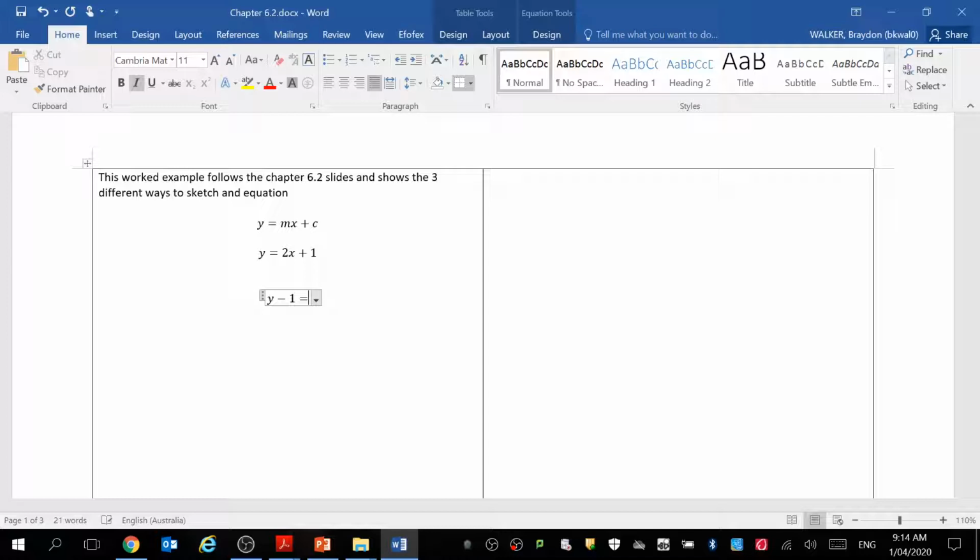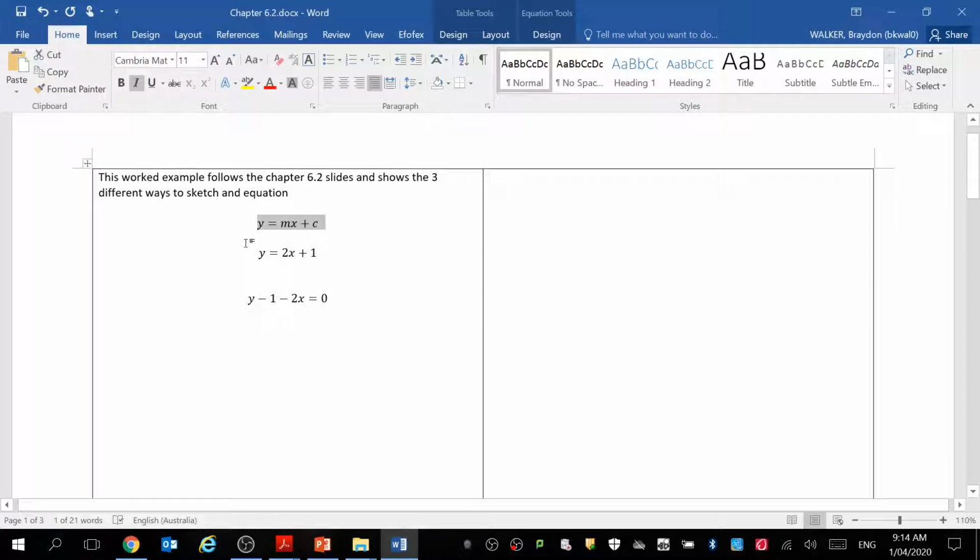In the same process, I could move the 2x over to the other side, make it negative 2x, and we still have a linear equation. With the three methods I'm going to show you, when it's in one of these two forms, it is a little bit harder to use, and we're not in the nice, neat format of y equals mx plus c. But it's good to know the different formats that we can have.